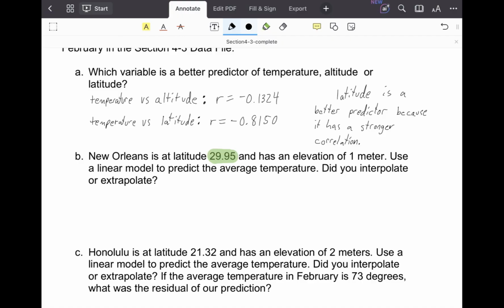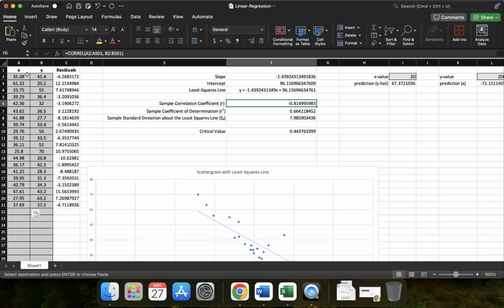And I'm going to do this in the Excel file itself. So I have latitude in there right now, and I want to use 29.95 there, and the prediction, that y hat, that is the prediction for the average temperature.